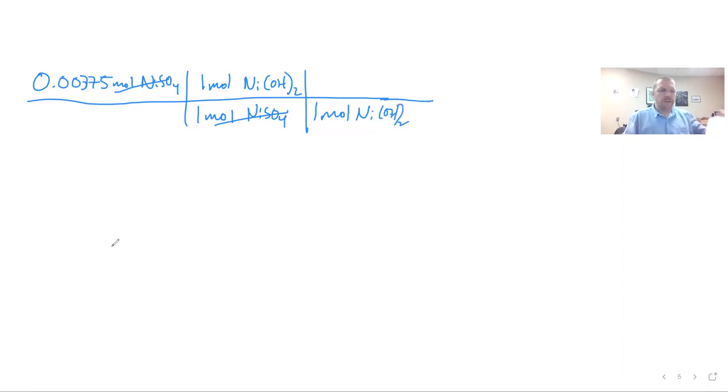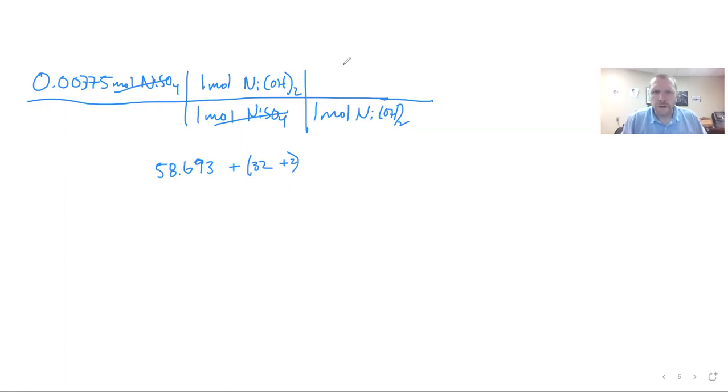What is the molar mass of nickel hydroxide? Based on the periodic table in the back of your lab manual, you've got 58.693 grams per mole for a mole of nickel, plus oxygen. I'm going to just round it up to 16, and there's 2 of them, so that's 32, plus hydrogen, they're about 1 each, so plus 2.